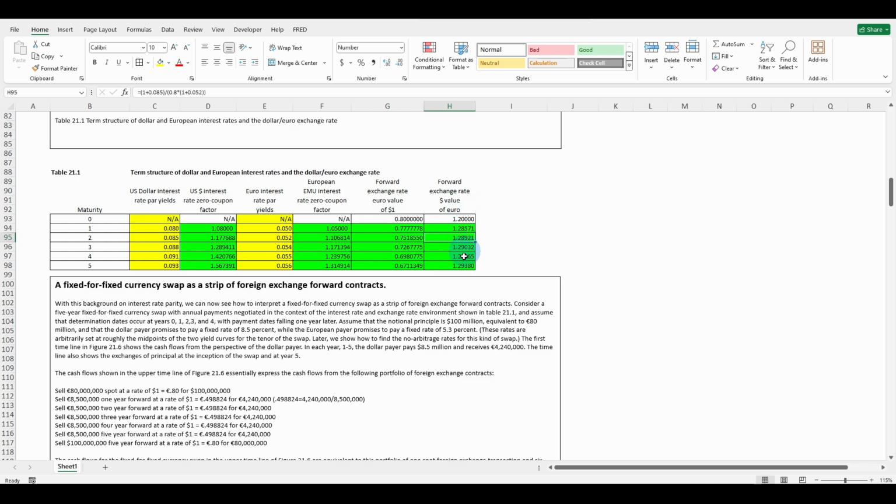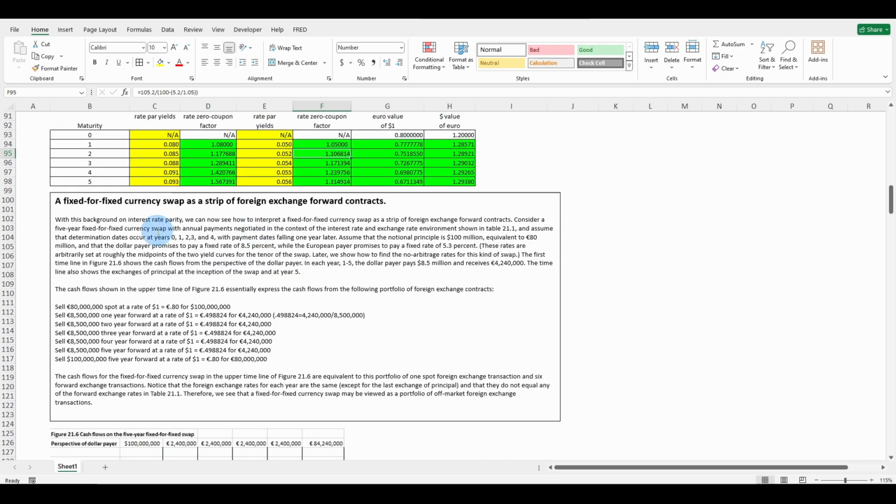If you're not certain what this is, go back and I explain it. So we're going backwards and forwards. And then we have the zero coupon factor rate. Yellow means we're given this information, and the math is the same here as it is here. All we're doing is plugging and chugging.